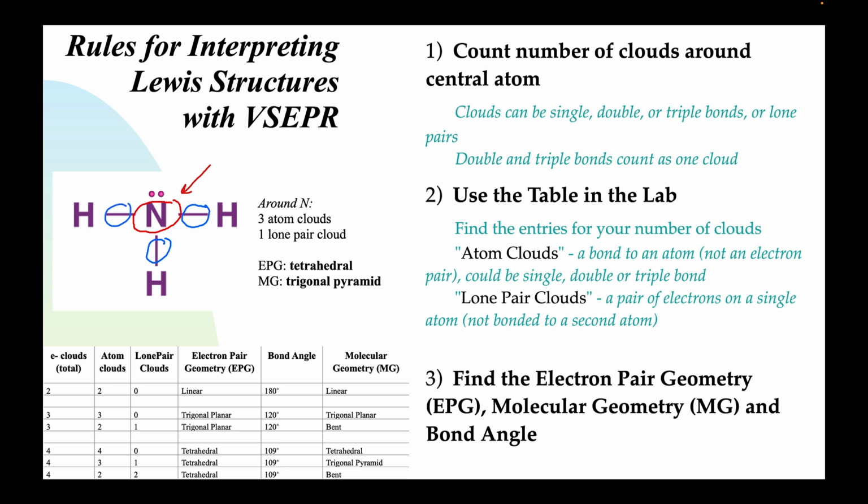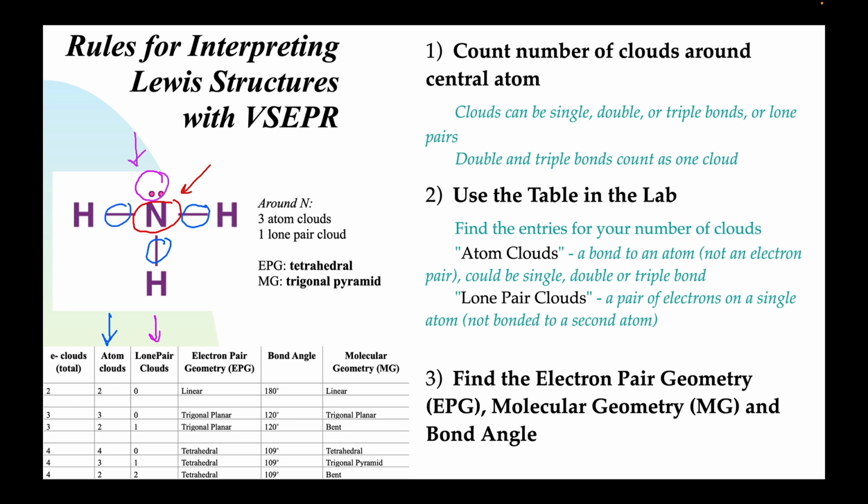So that would be 3 atom clouds in this table right there. But you also have on the top of the nitrogen, in purple, 1 lone pair cloud. So we would say that the nitrogen in NH3 has a total of 4 electron clouds, 3 of which are connected to atoms, and 1 is connected to just itself. It's a lone pair cloud.